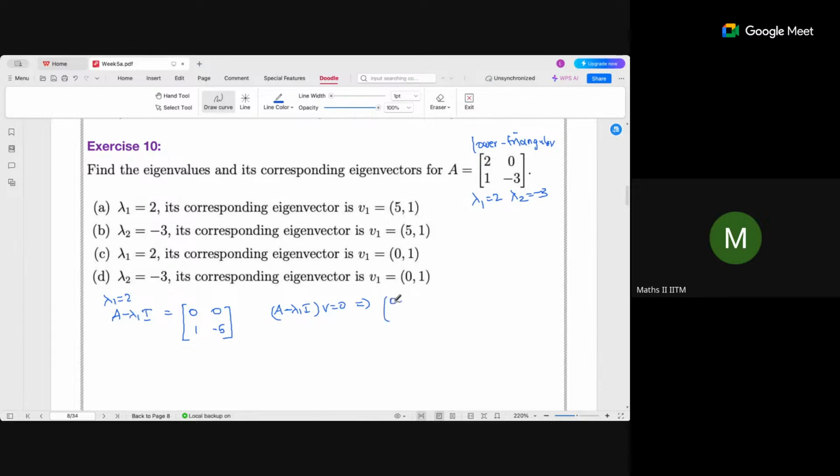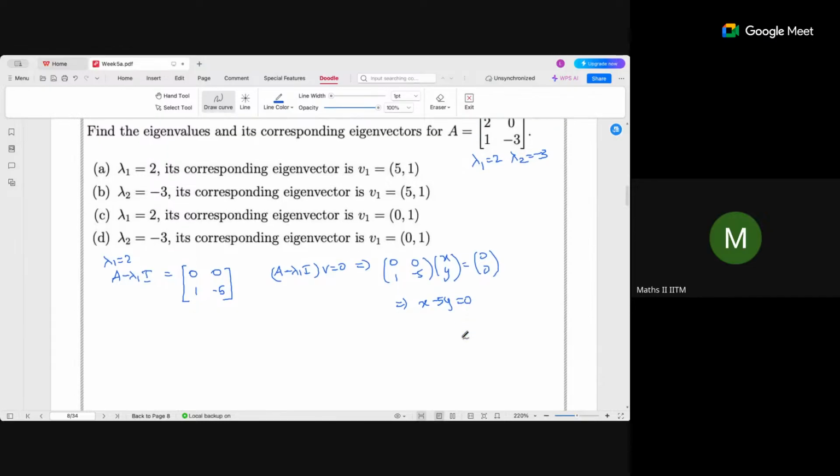So you have 0, 0, 1, minus 5, times x, y equal to 0, 0, which means x minus 5y equals 0. So the eigenspace for lambda 1 is the set of all x comma y such that x minus 5y equals 0.